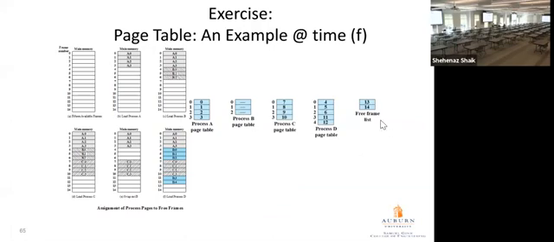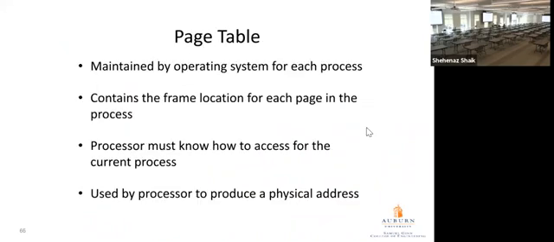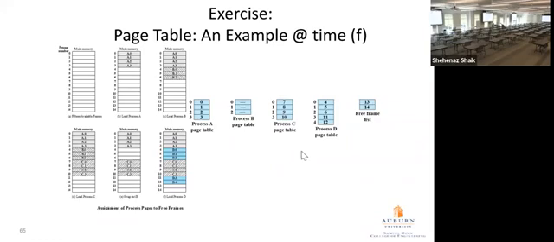It is again the job of the operating system to keep track of any free frames which are available for allocation to serve any future requests, and it also keeps track of which frames from the physical memory are allocated to which page of each process that is loaded in memory.